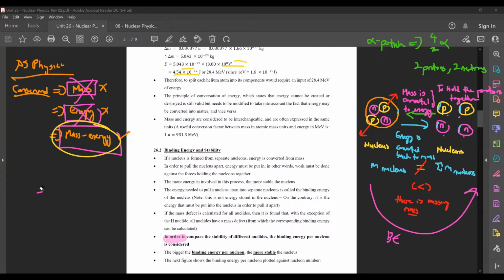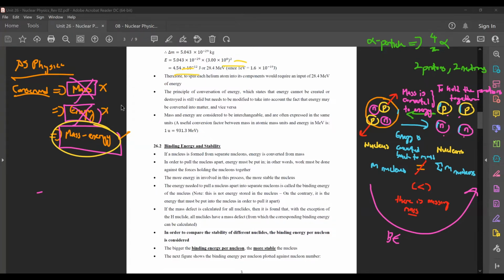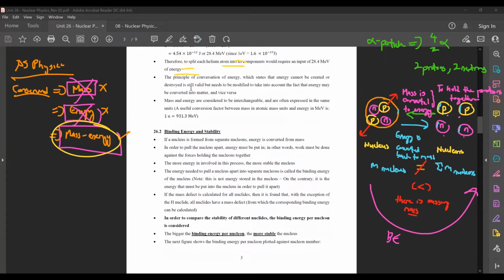The energy that is needed to separate a nucleus into individual nucleons completely to infinity. Now, what do we want to use binding energy for usually? Binding energy is related to the stability of your nucleus. In general, when we want to compare the stability of different nuclei, binding energy per nucleon is something that we would consider.